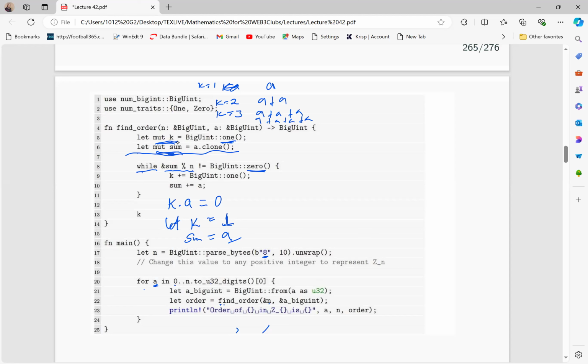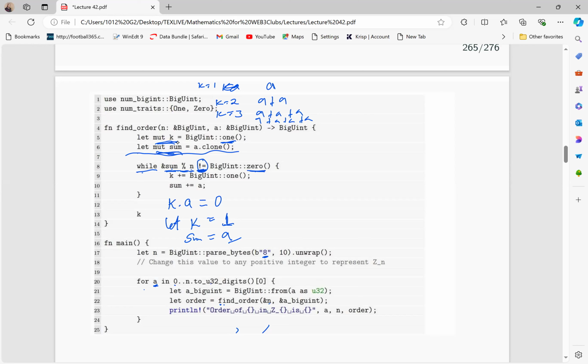While the sum divided by n, I think if I read it that way, it becomes easier to understand. While the remainder of dividing the sum by n is not equal to 0.